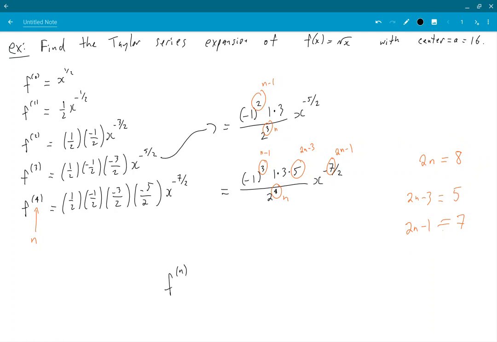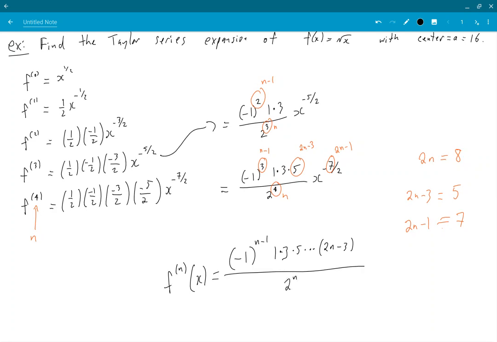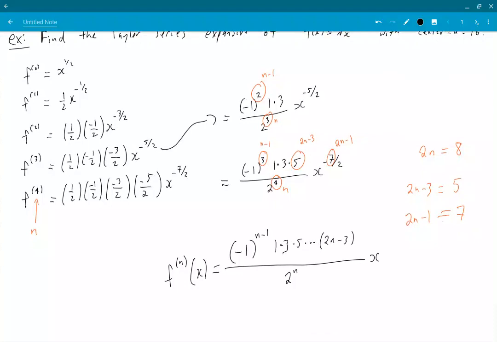F nth derivative, should be putting x here, is -1 to the n minus 1. 1 times 3 times 5, and this goes all the way up and stops at 2n minus 3. And then I have 2 to the n down here, and then I have x to the negative 2n minus 1 divided by 2.